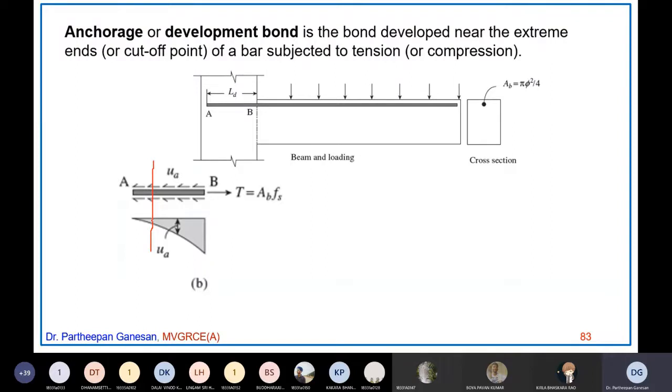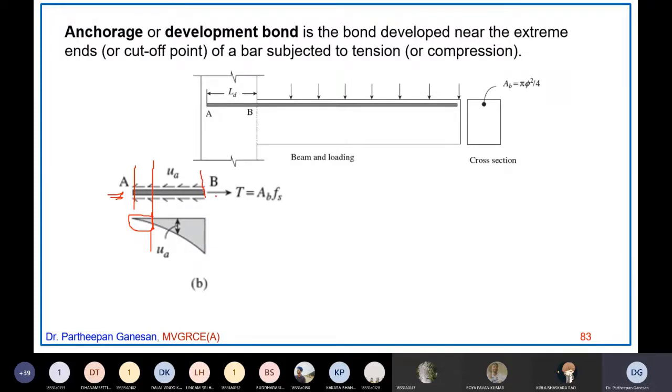Bond stress at this point is only this area. Okay. What is the bond stress at this point? There is no bond stress at all because nothing is there. But at this point you have a maximum bond stress. So bond stress will vary parabolically or curvilinearly, but it's not a linear variation. It's a highly non-linear variation.